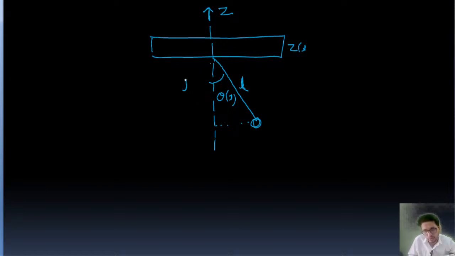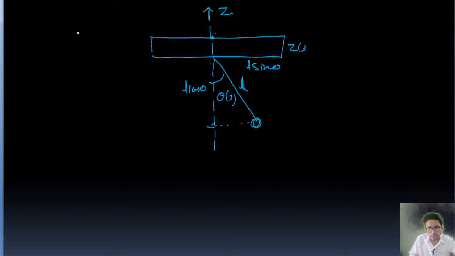This distance is going to be L cos theta, and this distance is going to be L sin theta, and this is Z. This height is L sin theta, and we are taking this point as the origin. So the height from this side is going to be L cos theta plus Z, and so the coordinates at this point are going to be as follows.